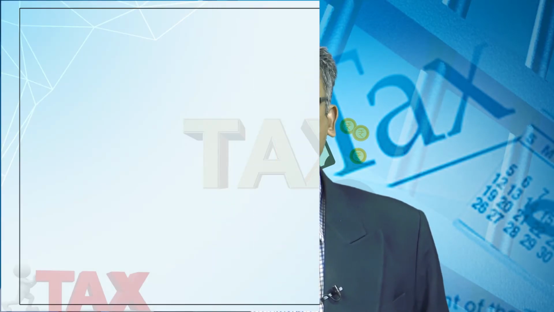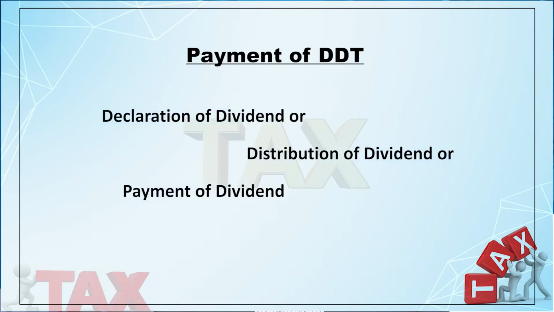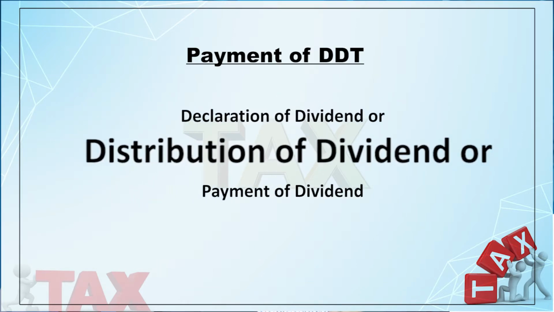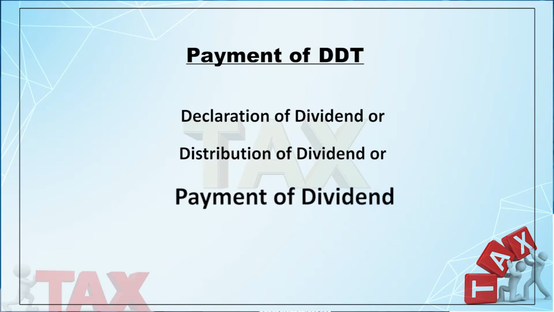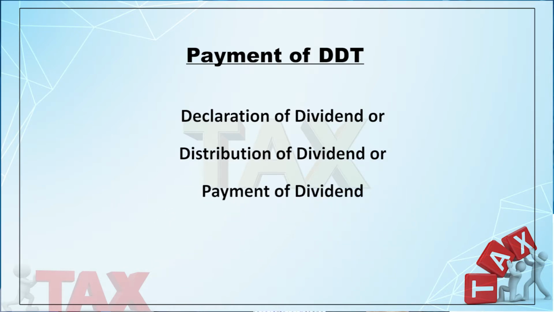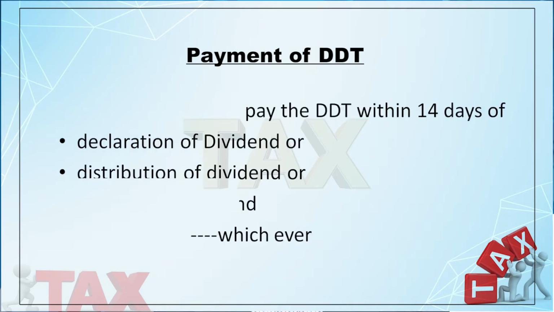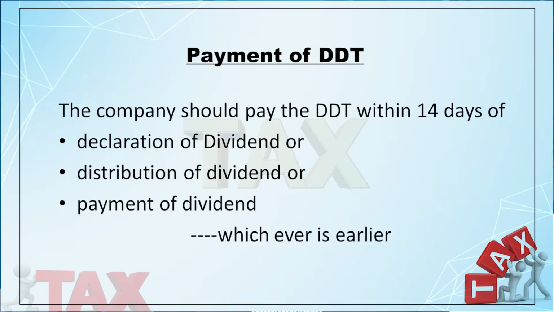Now, when will it be paid? There are 3 dates you have to keep in mind: the declaration of dividend, the distribution of dividend, and the payment of dividend. So, the 3 dates may differ from each other. The company should pay the dividend distribution tax within 14 days of dividend declared, dividend distributed, or dividend paid, whichever is earlier.